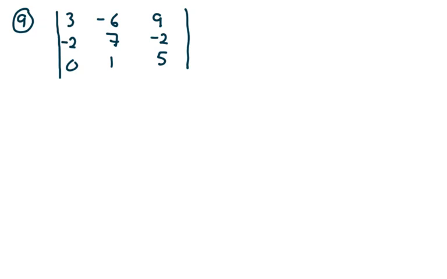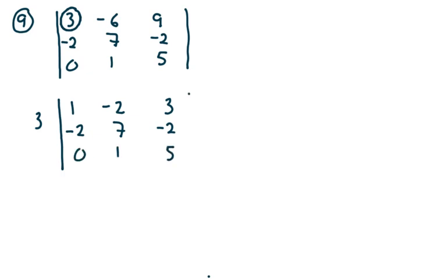So notice how in the first row, every entry has a factor of 3. So I'm going to pull a 3 out in front of the determinant and then write 1, negative 2, 3, negative 2, 7, negative 2, 0, 1, 5.